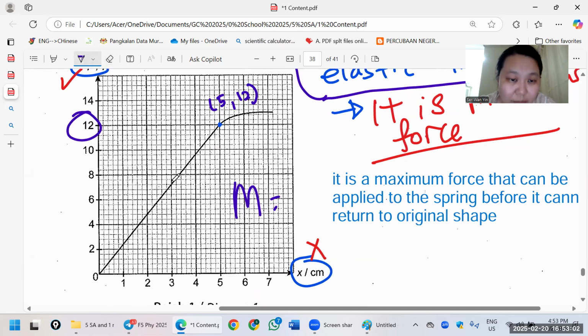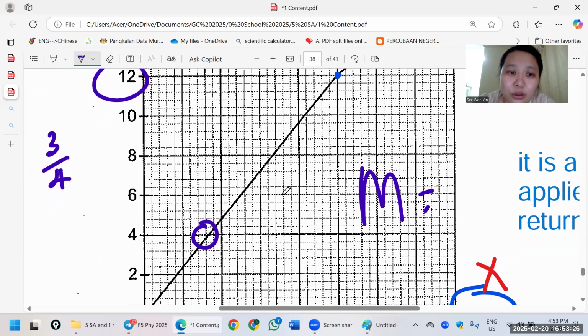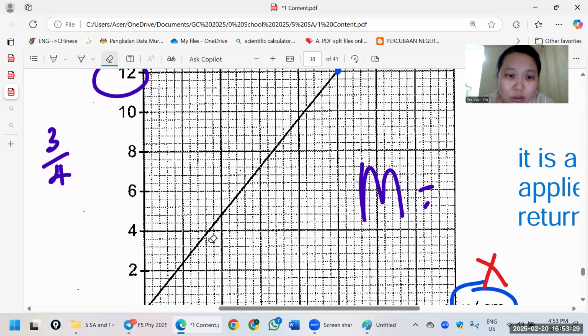Let's say I find a point here. Also looks too small. Please make sure you use about 3/4 of the graph. This point is not so good. Why? Because can you see the grid? By the way, this line which you have drawn is called the graph.